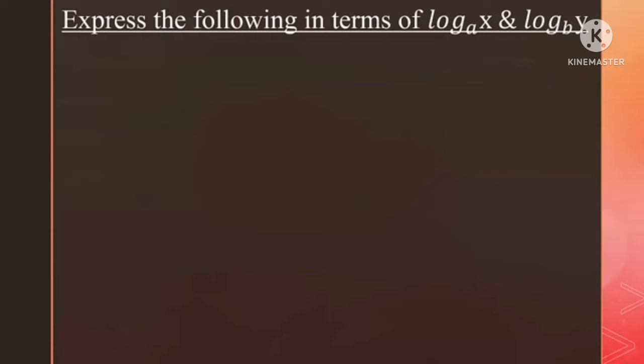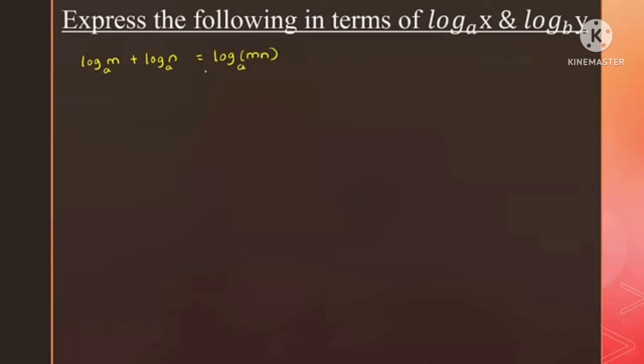First, we can write the three laws of logarithms here. The first one is the logarithmic addition identity, given by log m to the base a plus log n to the base a is equal to log mn to the base a.